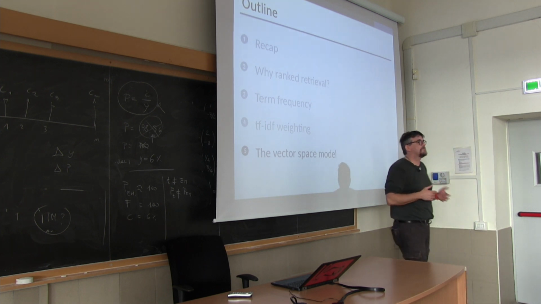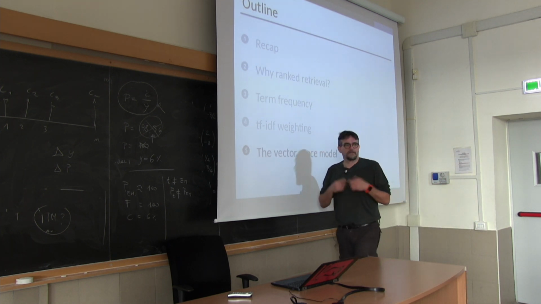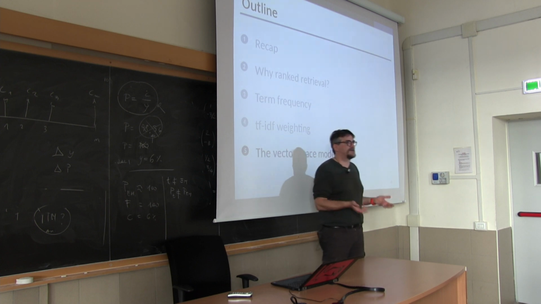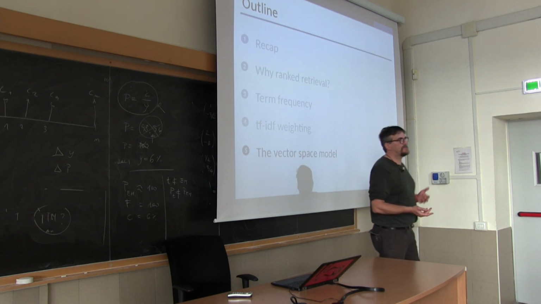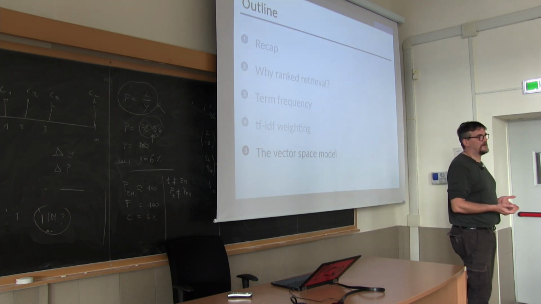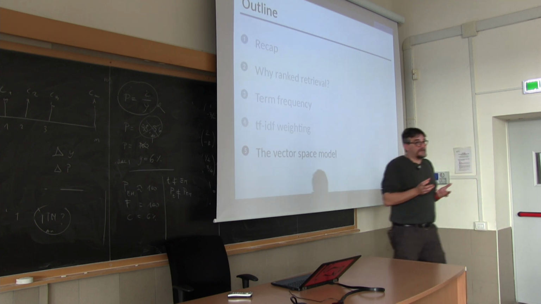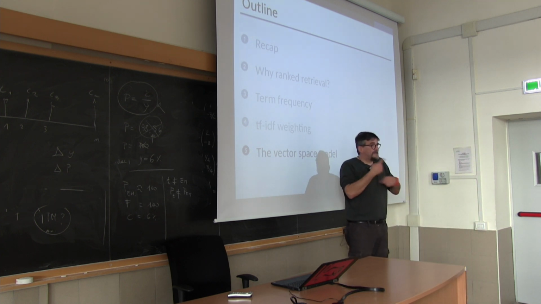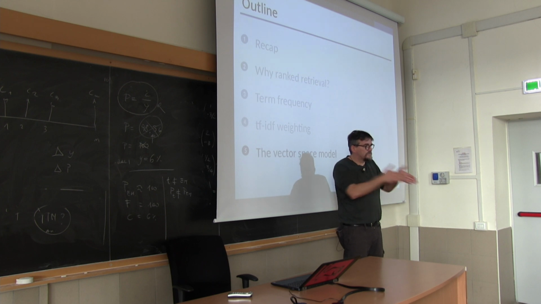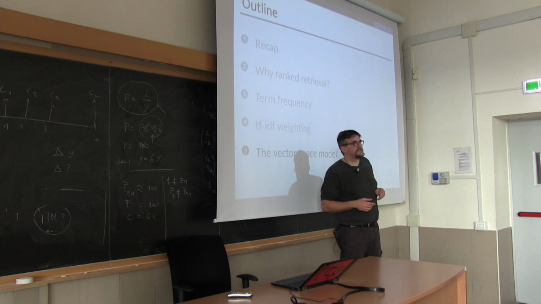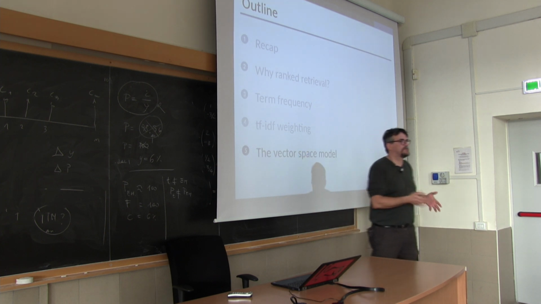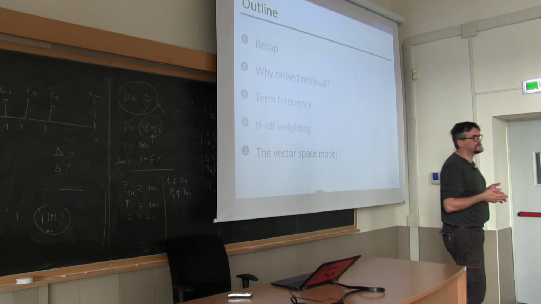Now, we need ranked retrieval because Boolean queries are pretty effective if you are an expert. You need some skills in order to distill the right query, and possibly it is an iterative process through which you dig inside the knowledge of your collection.